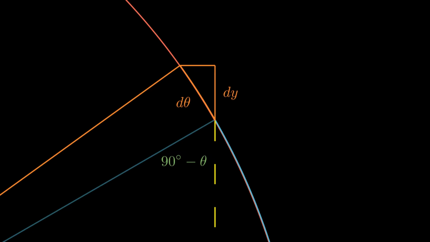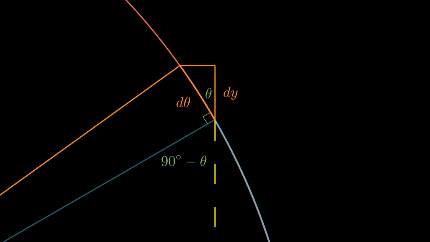And now remember, in the limit, we are saying that this tiny d theta arc here is essentially a straight line, and it would be the same going the other way as well. Then, because of the symmetry of a circle about its own radius, we have a right angle in here as well. And so by completing a straight angle along the vertical here, we find that this angle in the orange triangle must be exactly theta itself.